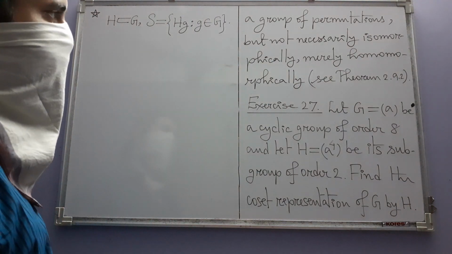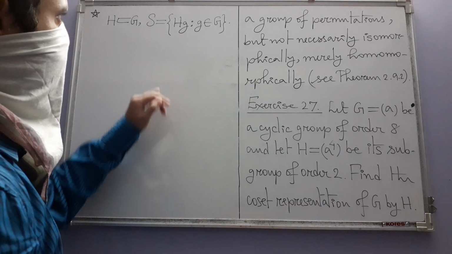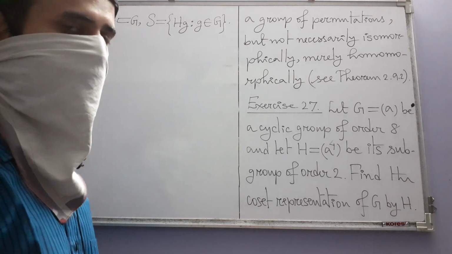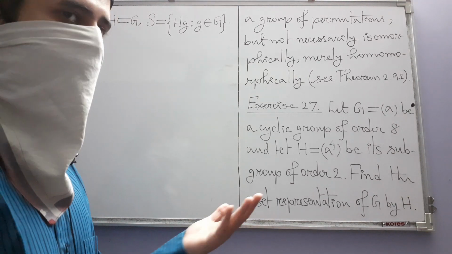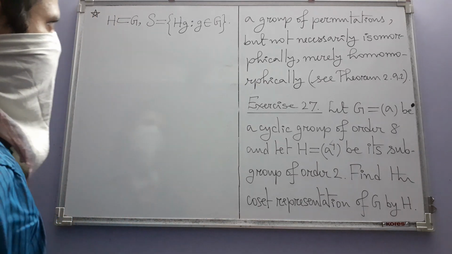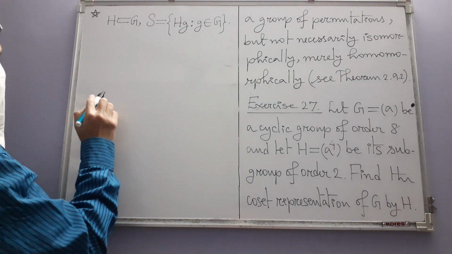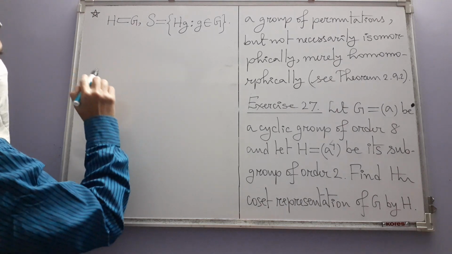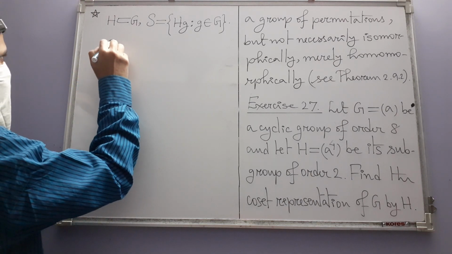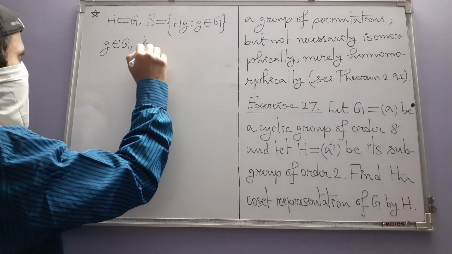S itself may not be a group. In fact, it is a group if and only if H is normal in G. In this case, S is just the quotient group of G by H. But that's not the point. We are not going there. Instead, what we do, we consider for every element G in G a function Tg.